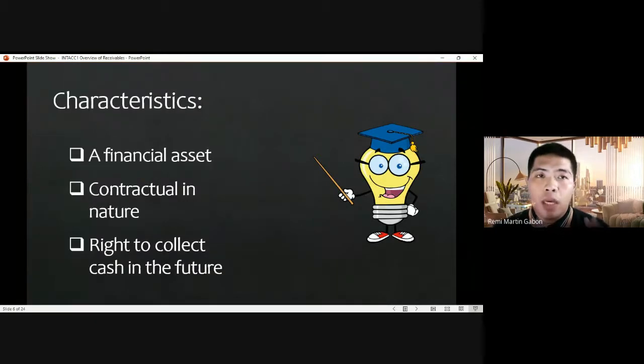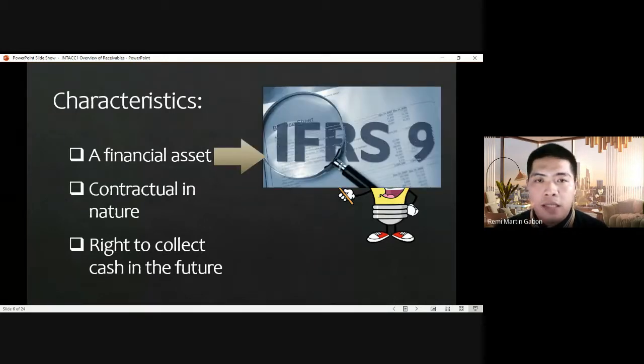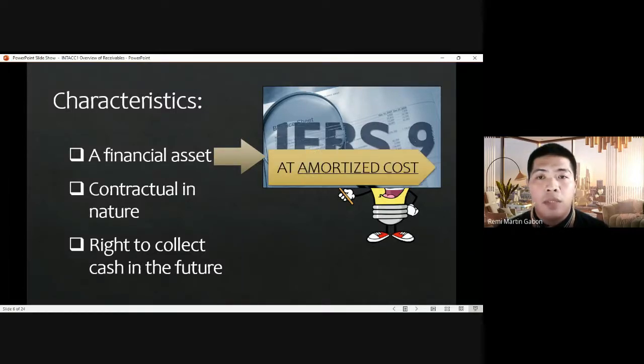From the definition, we characterize naman receivables. Just basing on the definition that I have provided to you, receivables are financial asset. To be specific, the accounting standard that we can relate with receivables being a financial asset is IFRS 9 or PFRS 9. Now, being a financial asset, receivables are specifically regarded as financial asset at amortized cost.